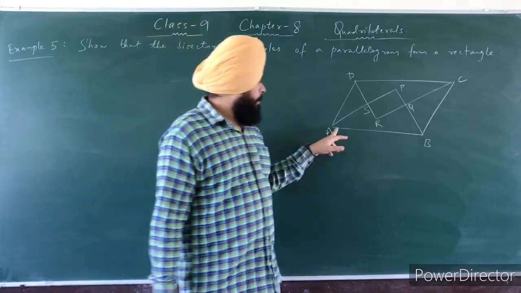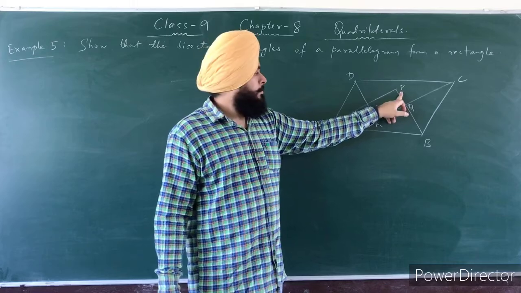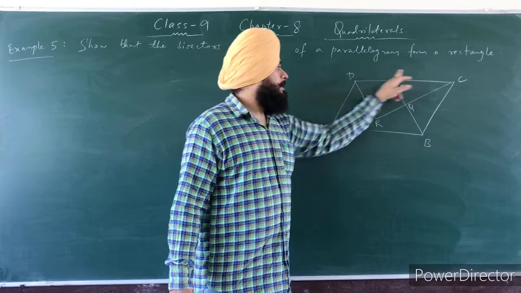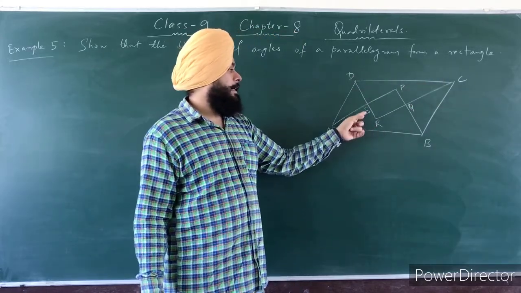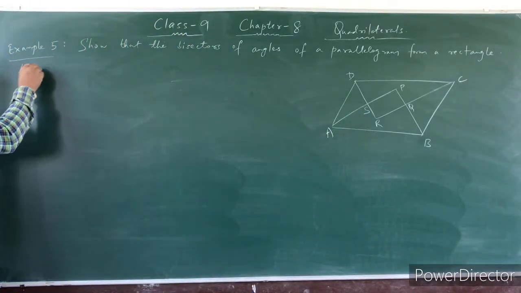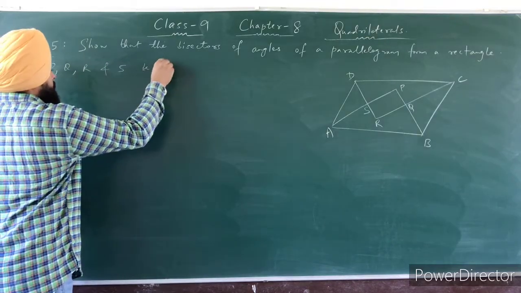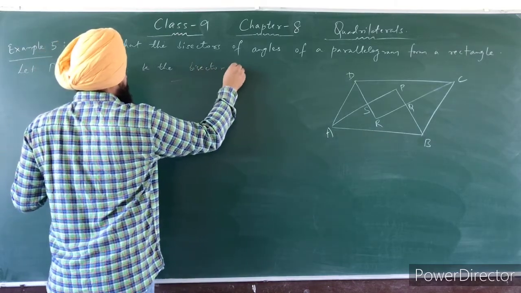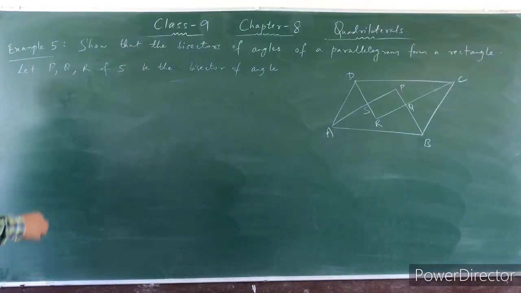So you can see here, the bisectors of angle A and angle B intersect at point P, the bisectors of angle B and C intersect at point Q, the bisectors of angle C and D intersect at point R, and the bisectors of angle A and D intersect at point S. So you can write here first, let P, Q, R and S be the bisectors of angles.